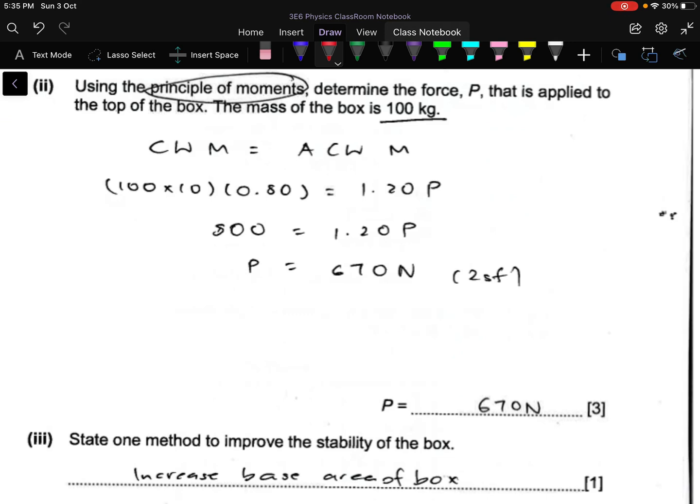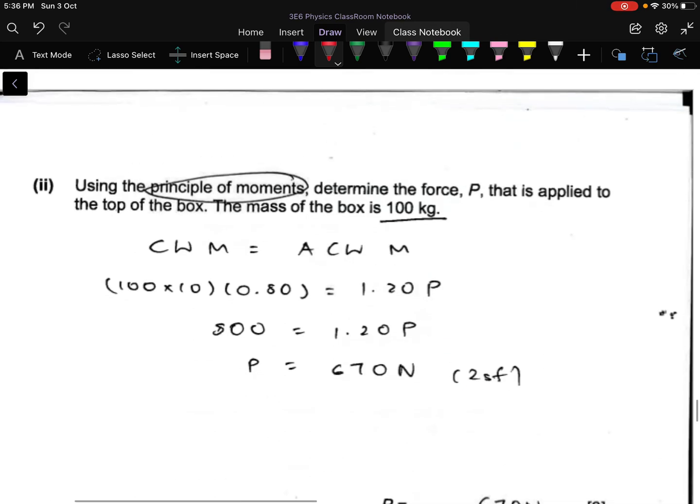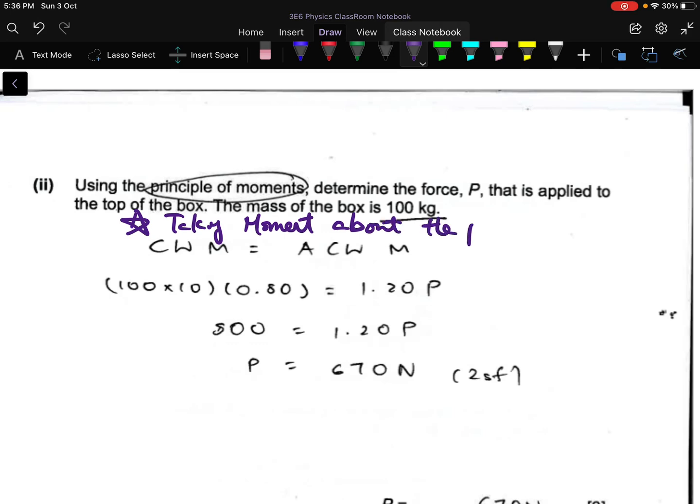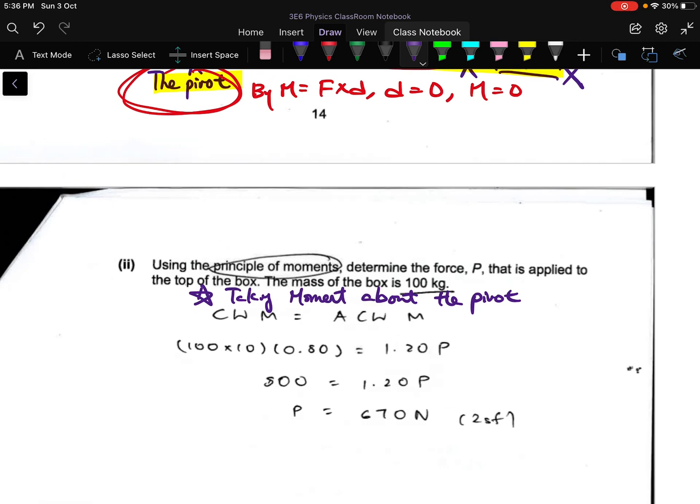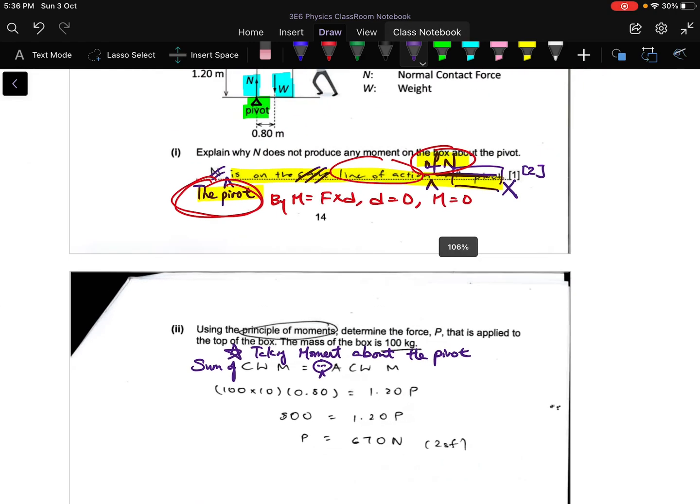Okay, in your part 2, you are supposed to find the P, right? So you need to tell me, very important, that you are taking moment. You must have this statement. If not, we will penalize you. About the pivot, so you want to say sum of clockwise moments and sum of anticlockwise moments.